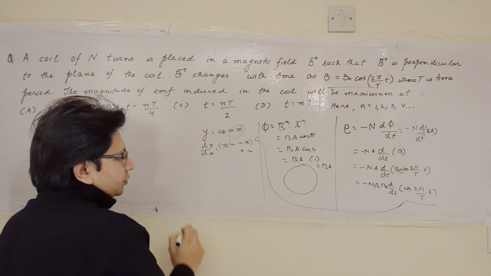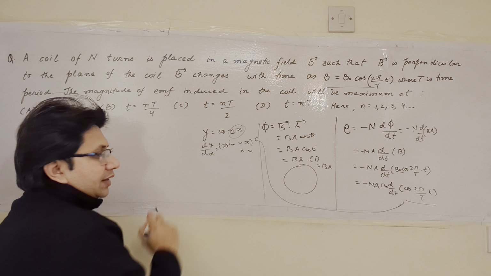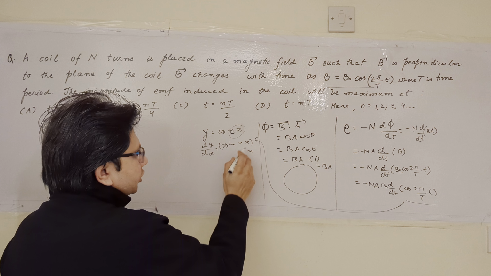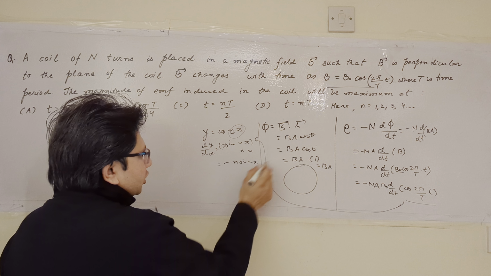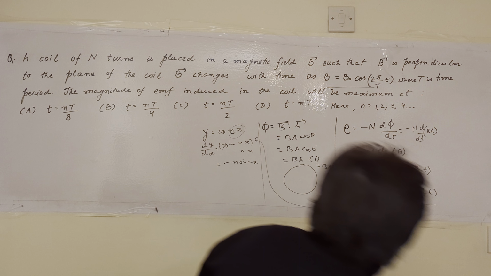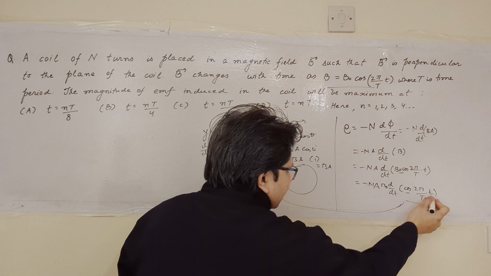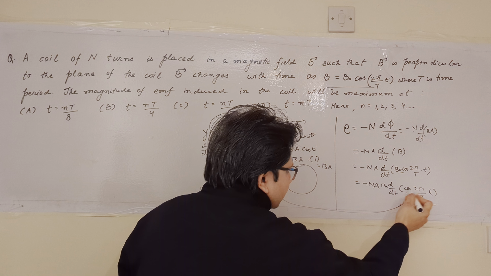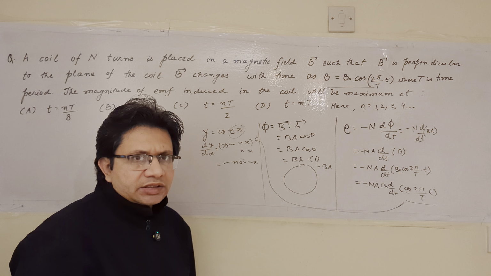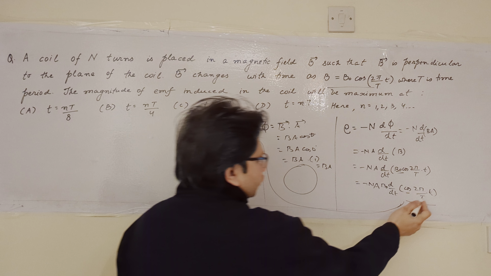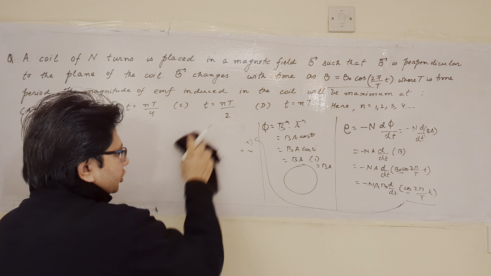We use this rule here because there is a coefficient in front of x, so we have to differentiate twice, and we get minus n sin nx. There is cos(2π/T · t), not only cos t. If there is only cos t, then the differentiation is minus sin t, there is no problem, but there is a coefficient of t, so we have to differentiate again according to the rules of differentiation.